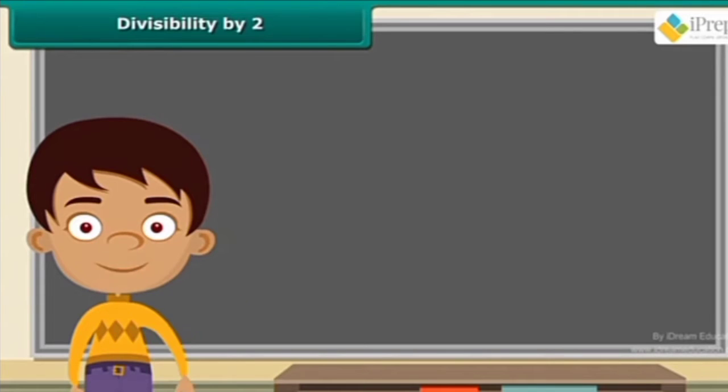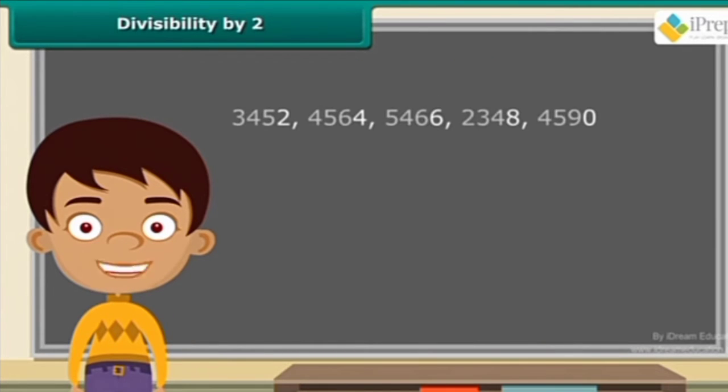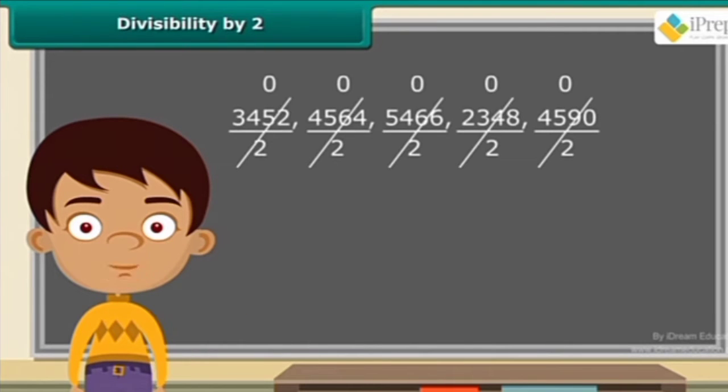He knows that all numbers that end with 2, 4, 6, 8 or 0 are even numbers. He randomly picks up some numbers that end with 2, 4, 6, 8 or 0 and divides them by 2. He observes that each of these leaves a remainder of 0 when divided by 2.